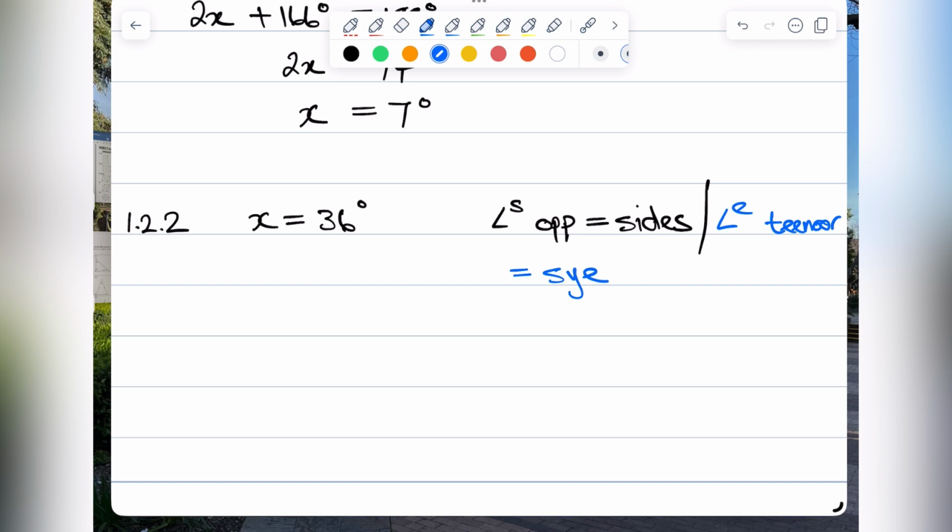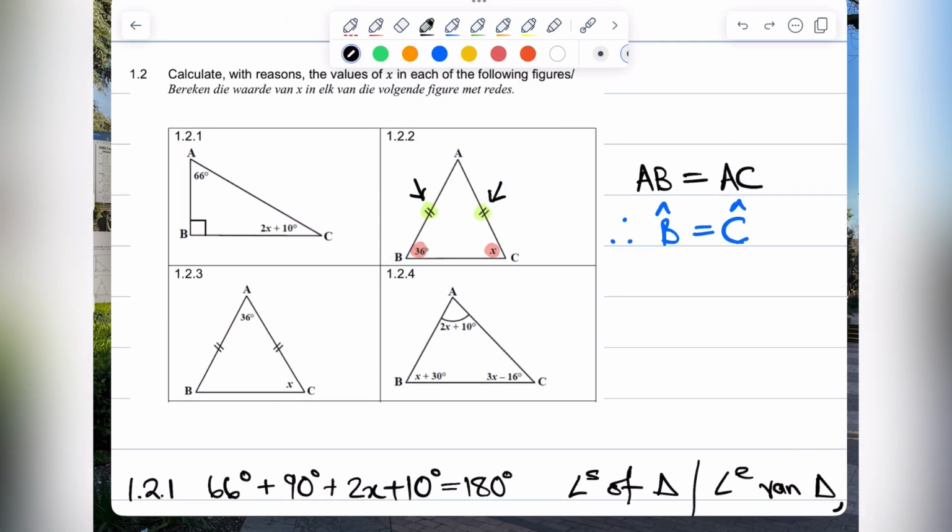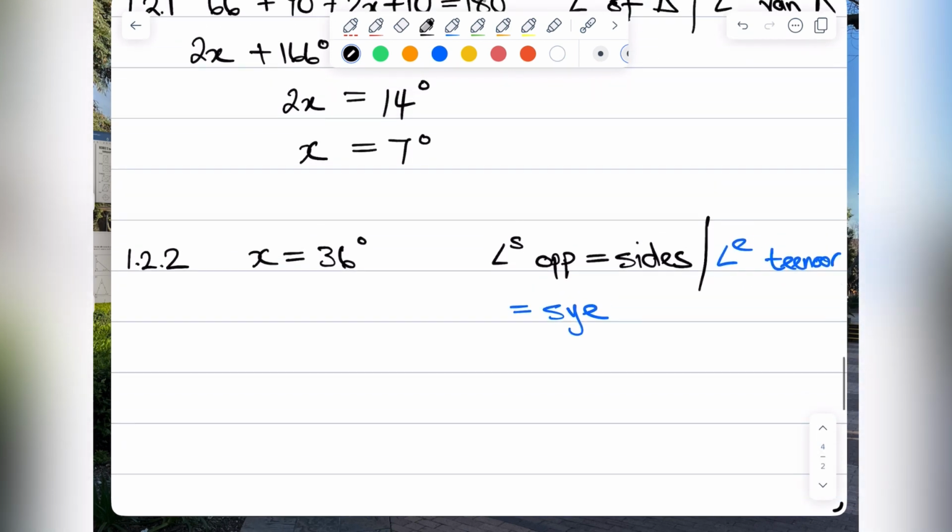I think you can still get away with it, but I would really strongly advise that you get used to using that reason. So just to point out again, it is these angles, and they are opposite those equal sides, angles opposite equal sides, and that is why that particular wording is used.